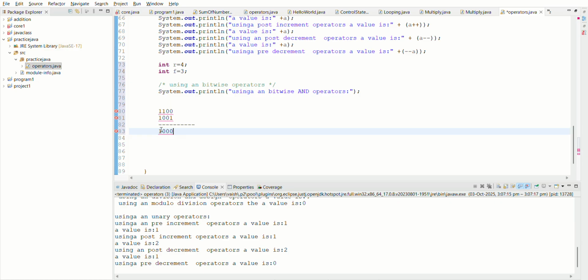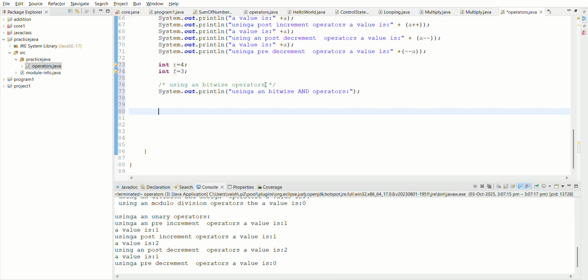So it converts the numbers into a binary format, then it checks. The condition of bitwise AND means both values have a 1 in the same place, then the result is 1, otherwise the result is 0.